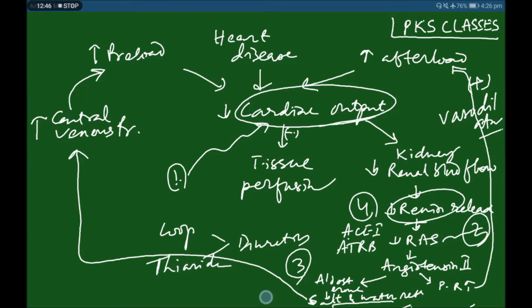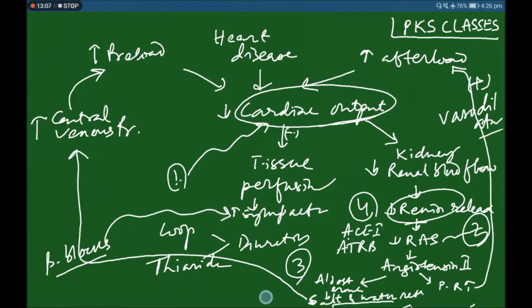And in addition we can also use beta blockers, because when the heart is congested there will be an increase in sympathetic activity, and to block that we can use beta blockers.